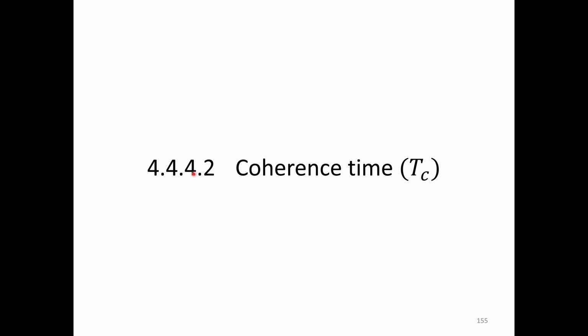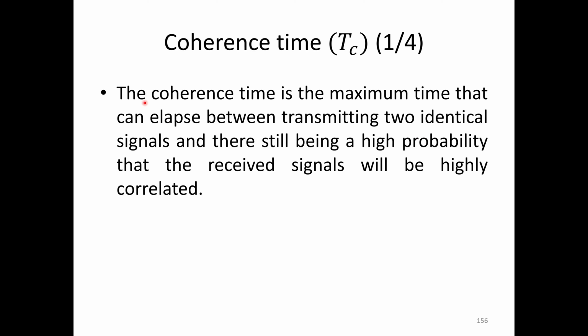Okay, next let us introduce section 4.4.4.2, coherence time, Tc. The coherence time is the maximum time that can elapse between transmitting two identical signals and there still being a high probability that the received signals will be highly correlated.